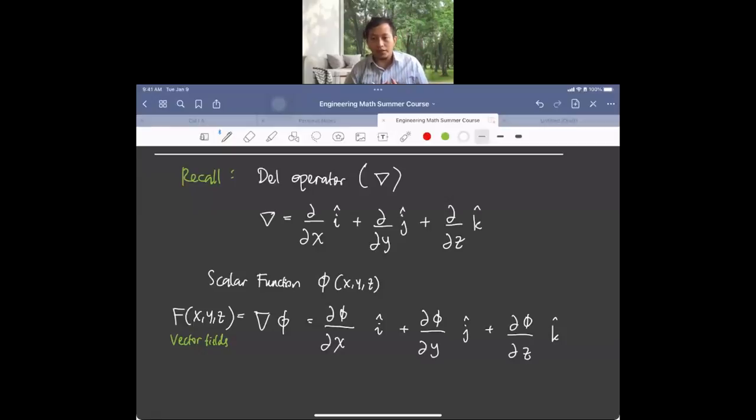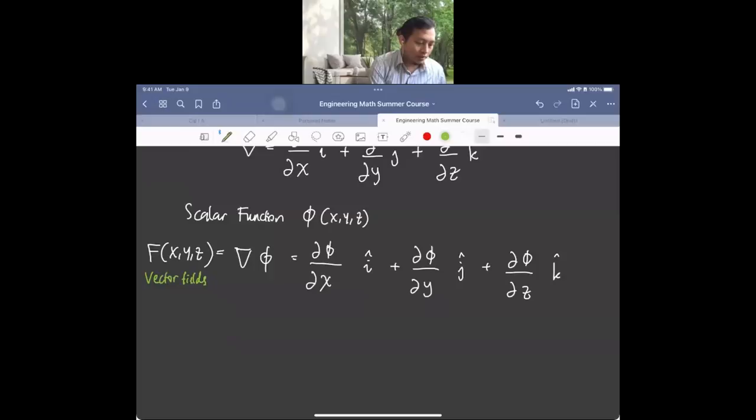We can write the vector field as the del operator multiplied with the scalar function. We call this the gradient of the function, or we can just say it's a gradient field, or a gradient vector.